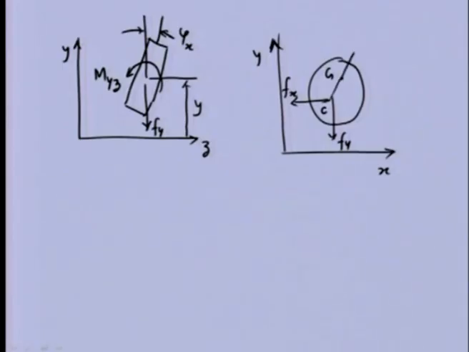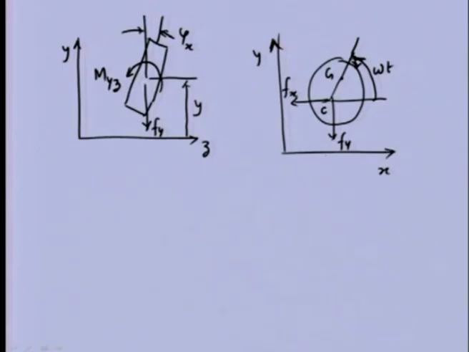So, this particular angle we define, for constant angular speed of the rotor, as omega t. Let us say the disk is rotating in the counterclockwise direction in the xy plane.